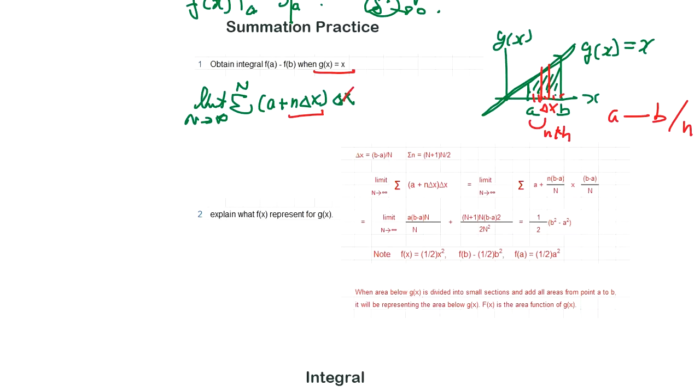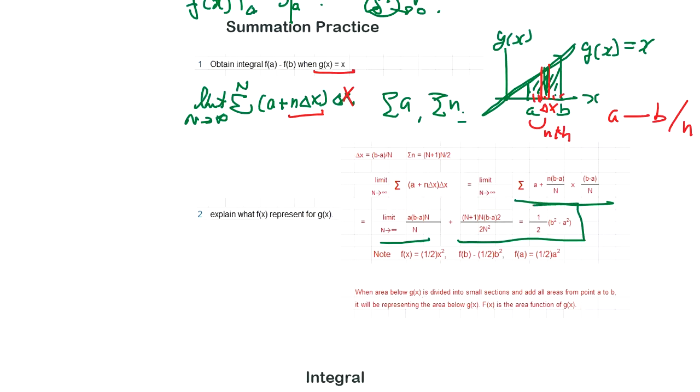Okay, so in the previous video we talked about what this is and n, right? Using that formula, it becomes like this. So n is the number of slices, right?